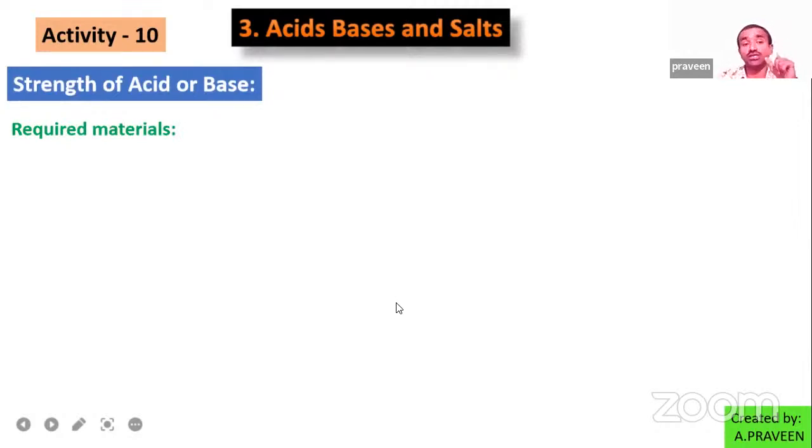Here, to decide the strength of the acid or the base, we require a few materials. What are the materials here? Hydrochloric acid, acetic acid, 2 acids, right? We do not actually have to test all the materials, but directly we are going to observe only 2 substances acidic in nature and 2 substances basic in nature.